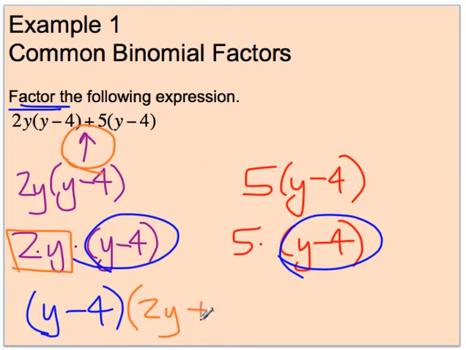So we want to have 2y plus the remaining part from the second term, or 5. So factoring out the binomial factor in this case leaves us with an answer of y minus 4 times 2y plus 5.